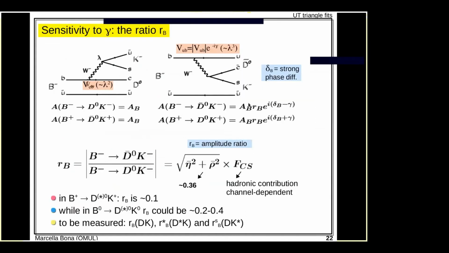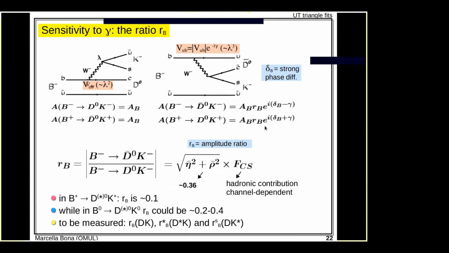So what happens is that if you write the amplitudes of one with respect to the other, you see explicitly the dependence on your gamma phase. You have the dependence on some strong phases, but you also have the dependence on this RB parameter that I expand here, which is an amplitude ratio that depends on rho bar, eta bar, but also on hadronic contributions, which are channel dependent.